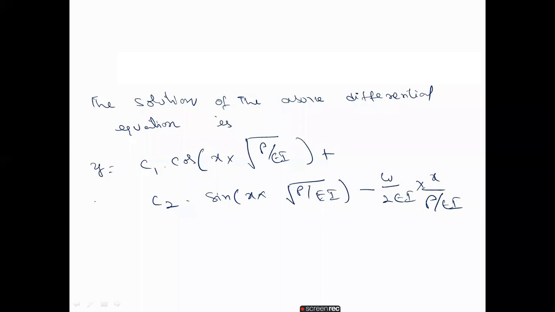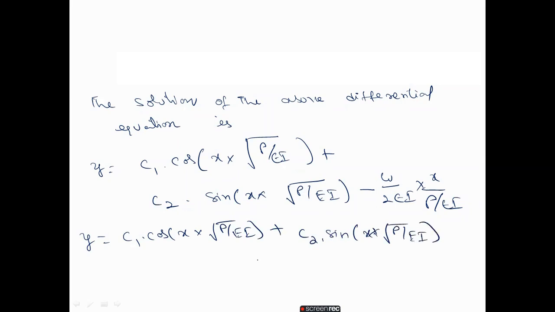You can write this equation again like this: y equal to c1 cos x into square root of P by EI plus c2 sin x into square root of P by EI minus W into x by 2P. Why? Because here EI and EI cancel. So this is our solution now.